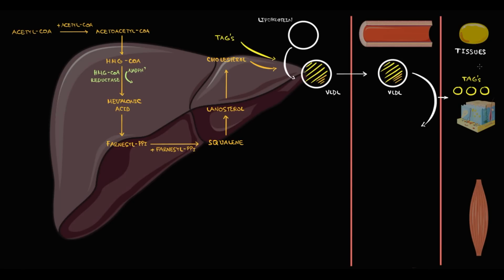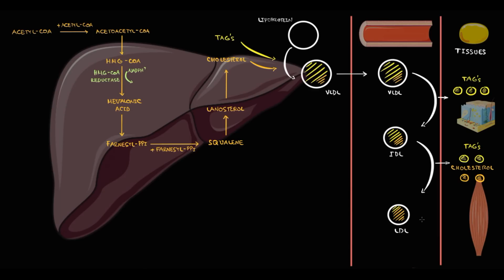After the delivery, the size and the composition of lipoprotein becomes different, and now such particle is called intermediate density lipoprotein. Once intermediate density lipoproteins deliver triacylglycerols and cholesterol to tissues, again the composition and the size of the particle becomes different, and now such particle is called low density lipoprotein.